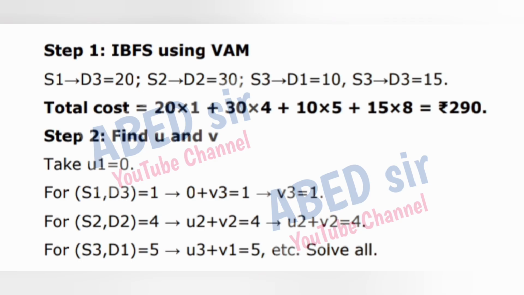Step 2. Find U and V. Take U1 is equal to 0. For S1D3 is equal to 1: 0 plus V3 is equal to 1, V3 is equal to 1. For S2D2 is equal to 4: U2 plus V2 is equal to 4. For S3D1 is equal to 5: U3 plus V1 is equal to 5, etc. Solve all.